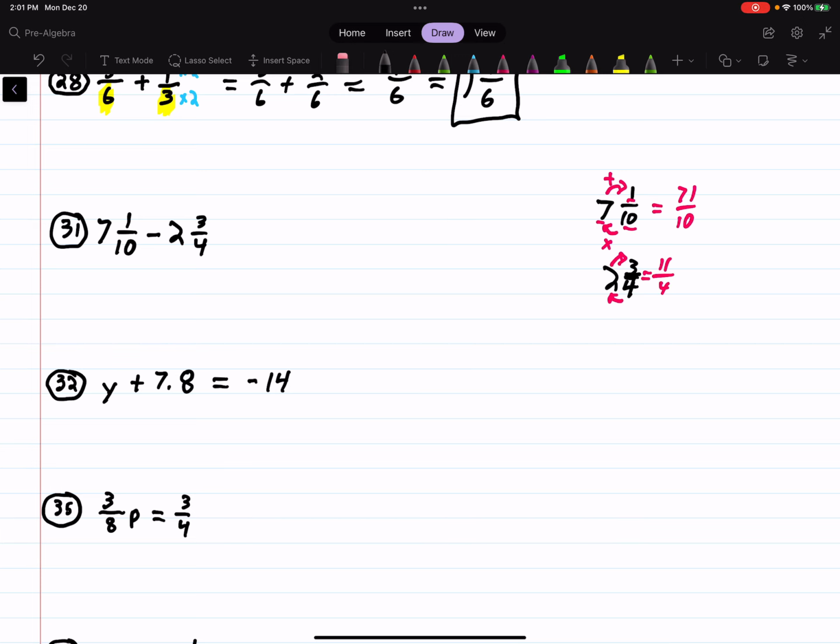And then we put these over here in this problem: 71 over 10 minus 11 over 4. Now we have to find a common denominator because our denominators are different. One way to do that is just do a multiplication table, or a factor table.